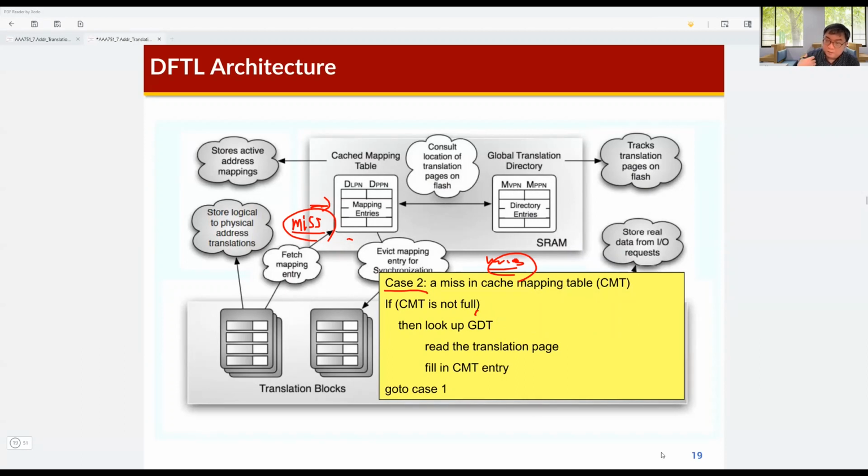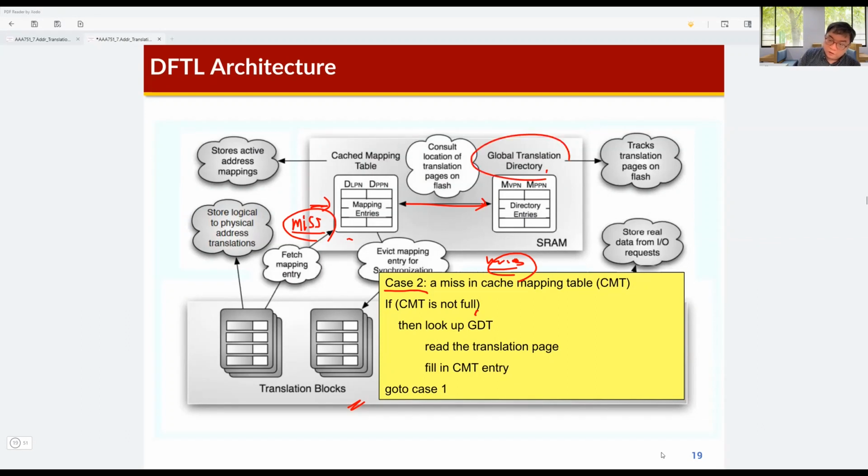The request misses in the cached mapping table. So that means that this mapping information is not found in this cached table. Then we can know the location of the entire mapping information, the translation blocks, and we can know the location of the target translation block by accessing the global translation directory.